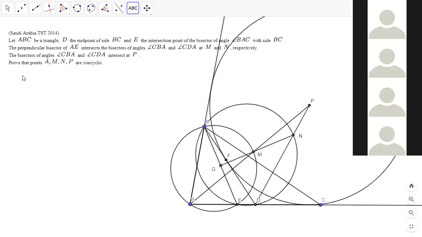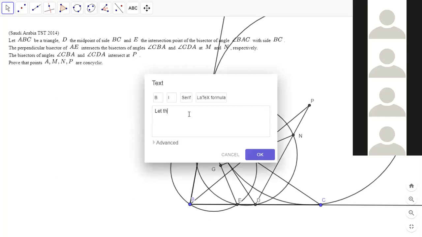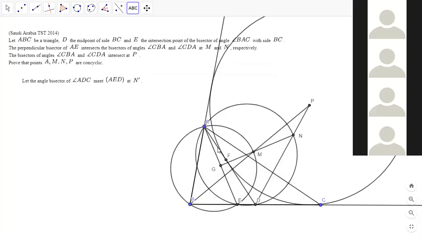Okay, so let the angle bisector of ABC meet the circle AED at N prime. I could type it up really quick. Then we could just say by an angle chase, N prime is the midpoint of arc AE.